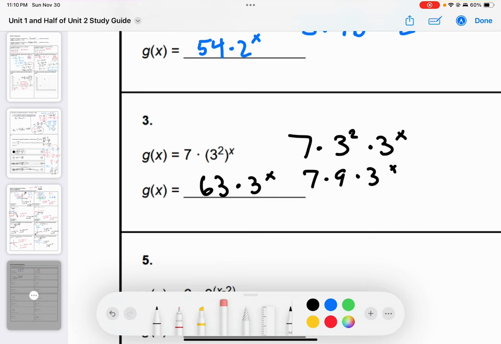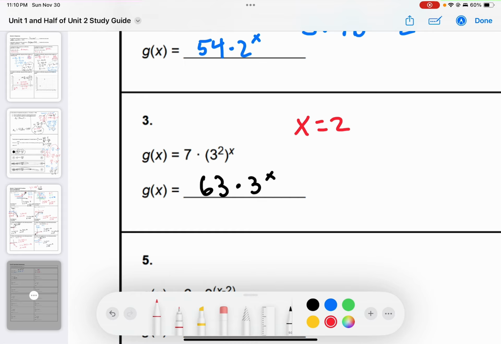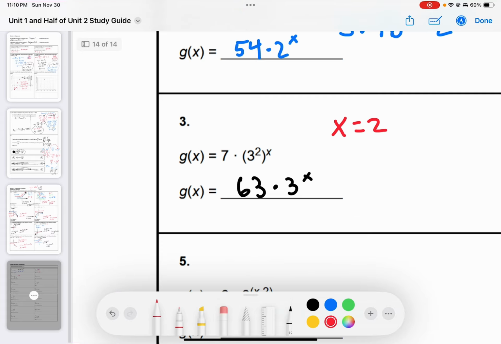I kind of want to double check my math there. So why don't I check it with this? Why don't I say, what if x equals 2? Would these two expressions be equivalent? All right, well, let's substitute the first one. The first one would become 7 times 3 squared, squared. And we would get 7 times, 3 squared is 9. 9 squared is 81.